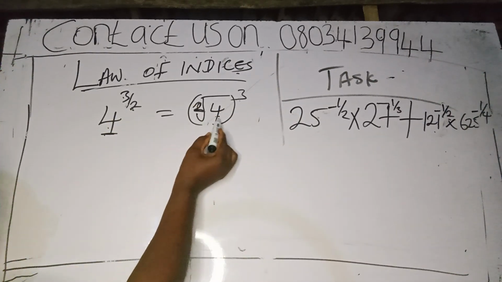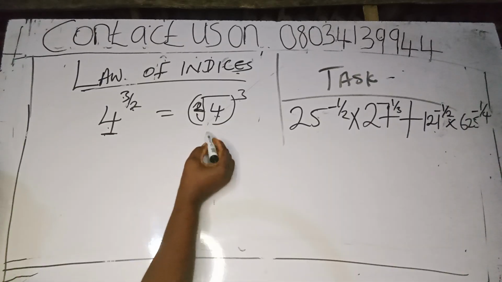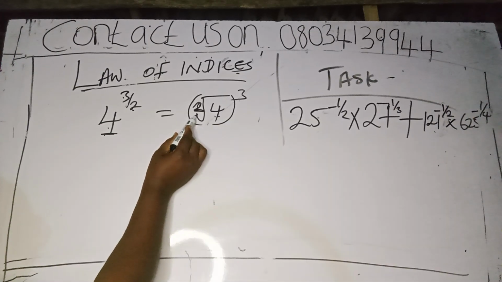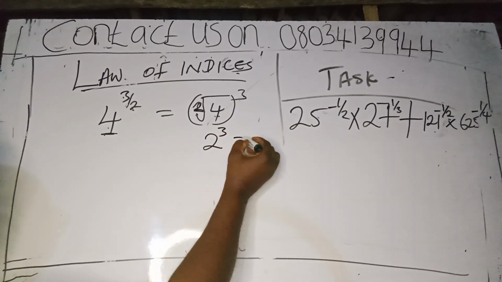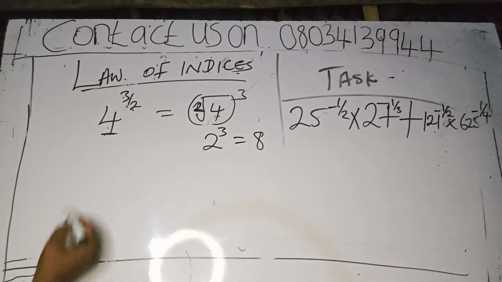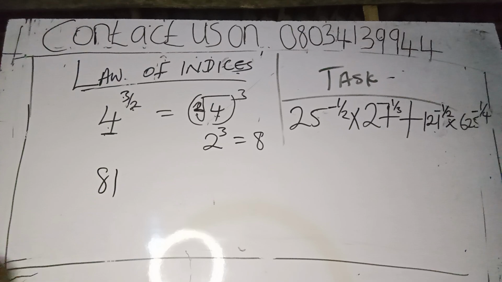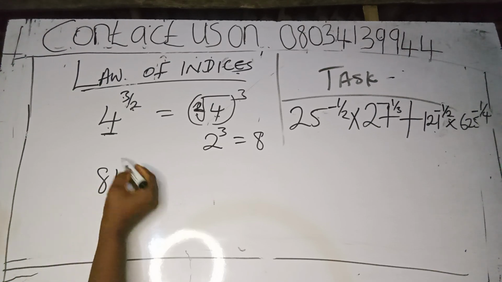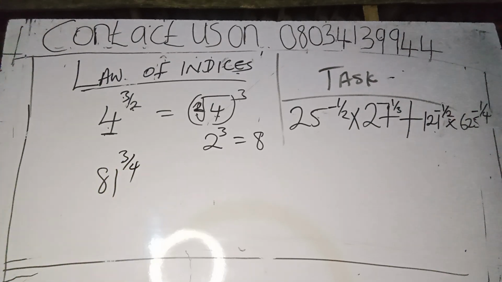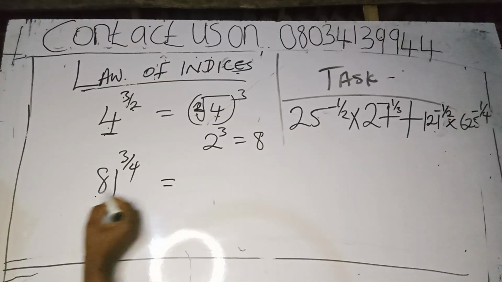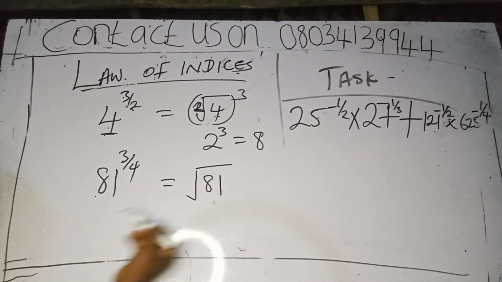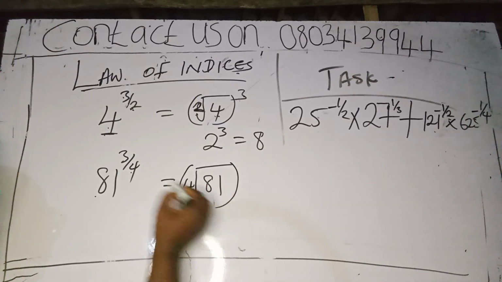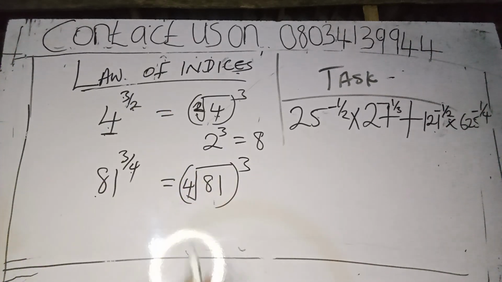And this is, what is the root of 4, or what number multiplies itself twice to give 4? It is 2 raised to power 3, and that is 8. Then if I have 81 raised to power of, let's say, 3 over 4, we shall be having the 81 put inside here, the root, the 4, the determinant, then raise everything to the power of the numerator.